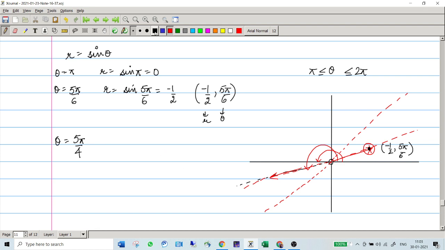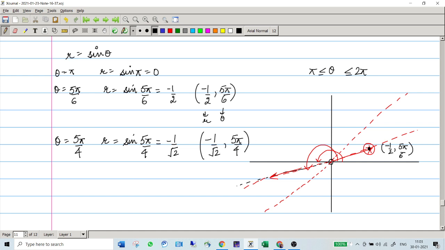The sign of r will decide in which direction we move, either in the same direction of 5 pi by 4 or in the opposite direction. r is equal to sine pi by 4, the value is minus 1 upon root 2. So the polar coordinate would become (-1/root 2, 5 pi by 4).